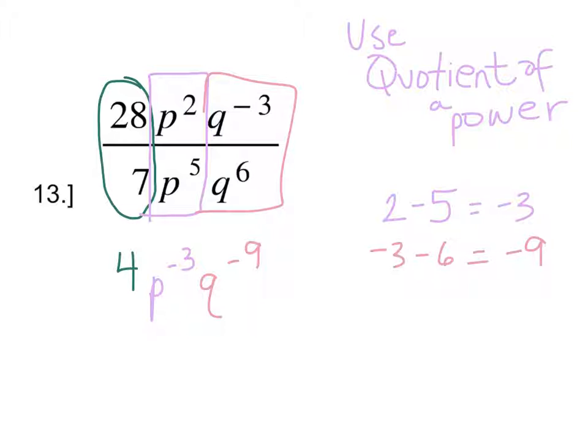To make them positive fractions, we need to put them in the denominator by taking their reciprocal. So p to the 3rd and q to the 9th. We can leave the 4 in the numerator because 4 was the coefficient.